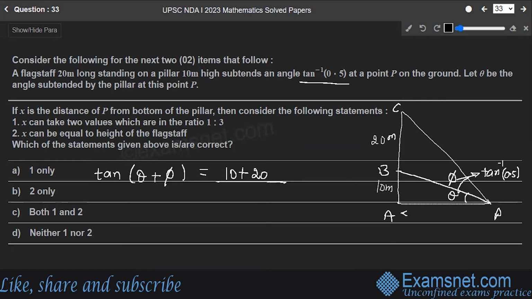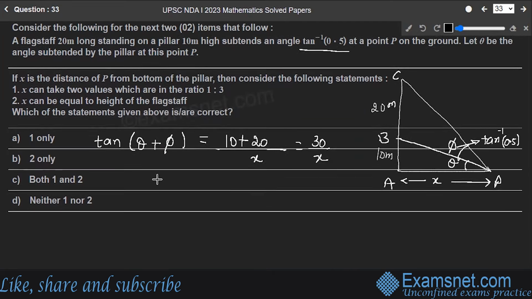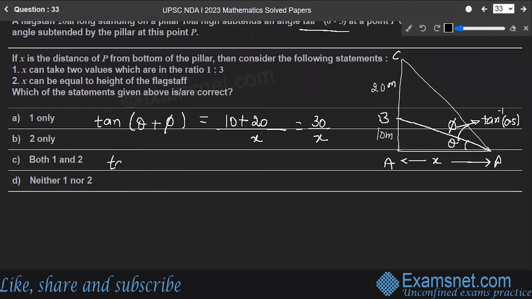So I'm taking the base as x, that is 30 upon x. So tan (theta plus phi), let's open it up. You will have (tangent theta plus tangent phi) upon (1 minus tangent theta tangent phi) is equal to 30 upon x.